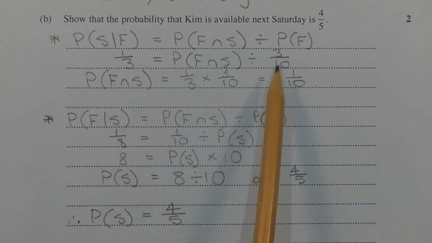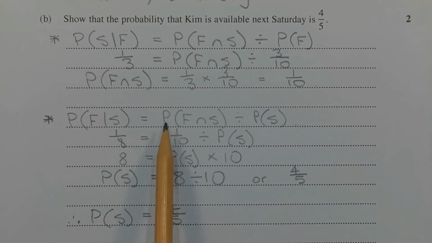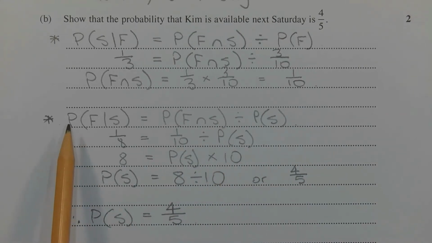Now from this step, we've already worked out the probability of Friday and Saturday, which is 1/10. And we're given the probability of Friday given Saturday, which is 1/8. We can then proceed to find the probability of availability on Saturday.